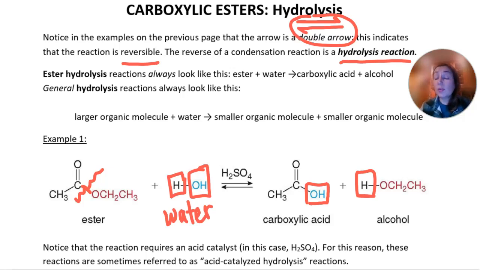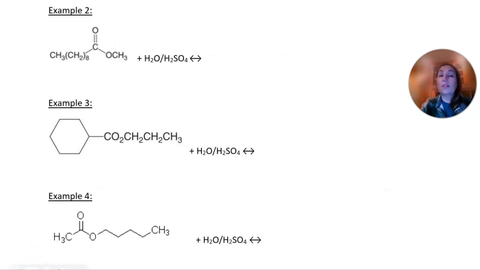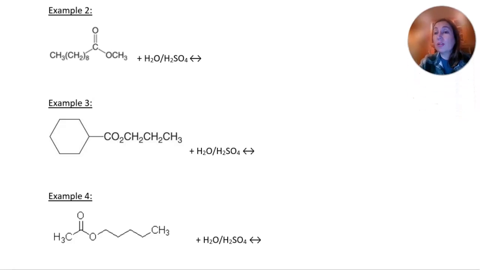Notice that the reaction requires an acid catalyst, just like before, in this case H2SO4, and for this reason these reactions are sometimes referred to as acid-catalyzed hydrolysis reactions. It's really just Fischer esterification in reverse. Because this reaction is reversible, Fischer esterification can go forward to the ester, or it can go in reverse back to the carboxylic acid and the alcohol.